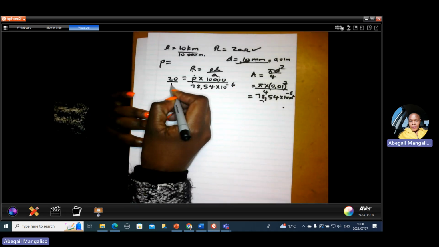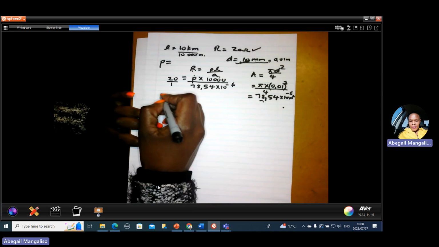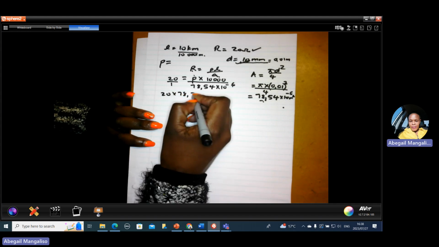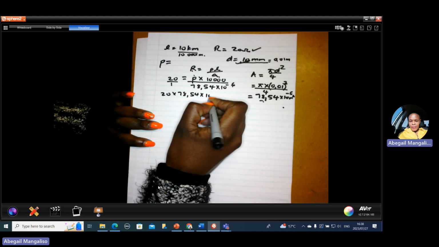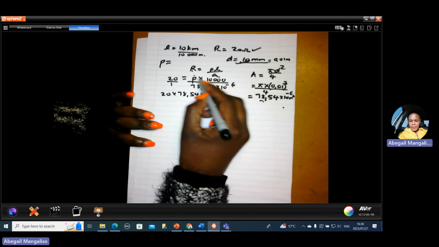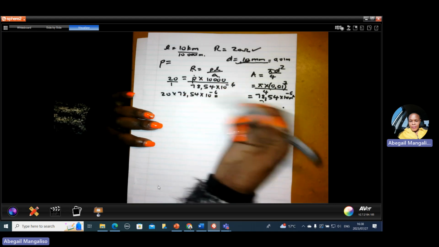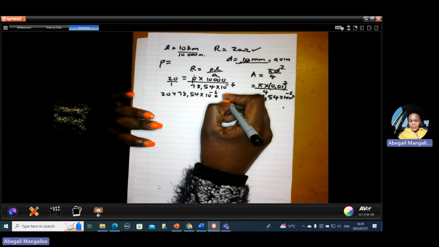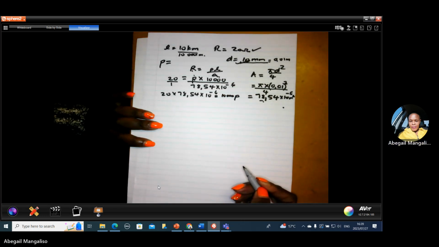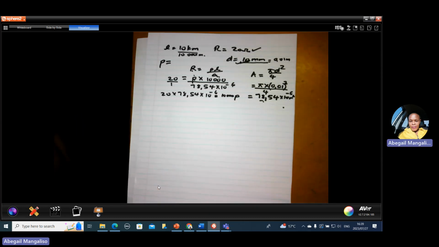Next step, we put this over 1. Cross multiplication. This will be 20 multiplied by 78.54 times 10 to the power negative 6 equal to 10,000 times resistivity. 10,000 times resistivity is 10,000 multiplied by 1 stays the same. So this will be 10,000 P. Okay, we can multiply this side.